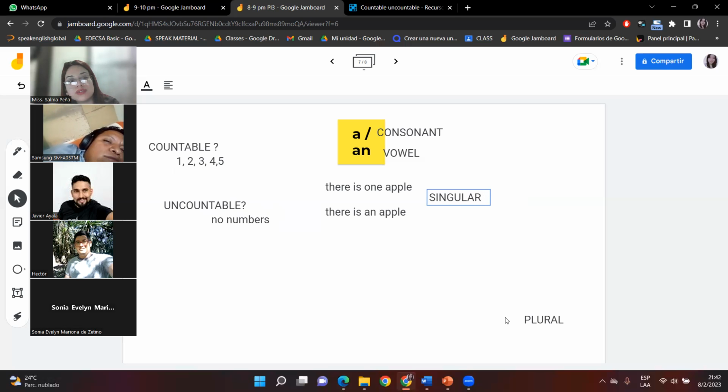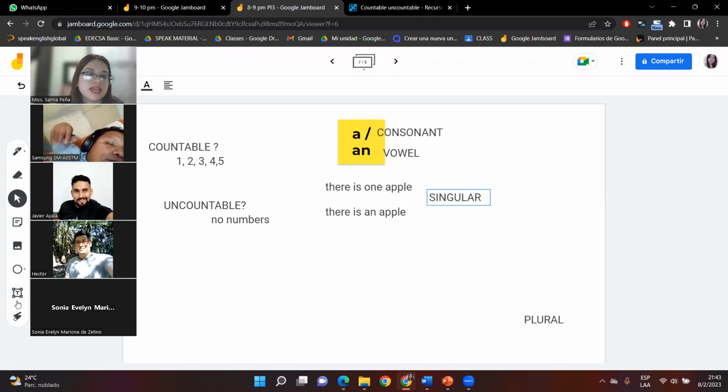But you cannot use it with uncountable nouns. Why we cannot use it? Because uncountable nouns can never be counted with numbers. 1, 2, 3, 4, 5. Right? So that's why we cannot use it.